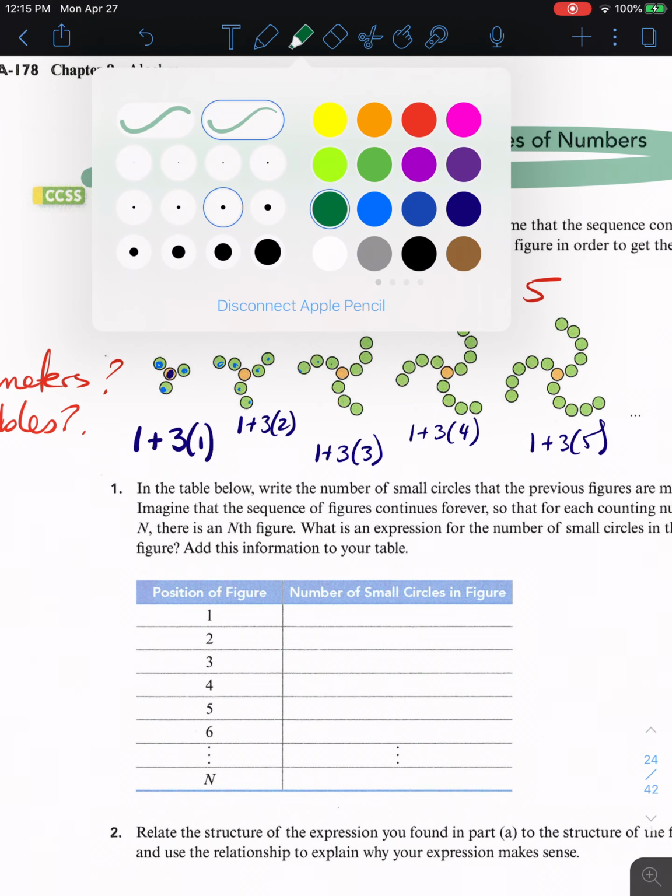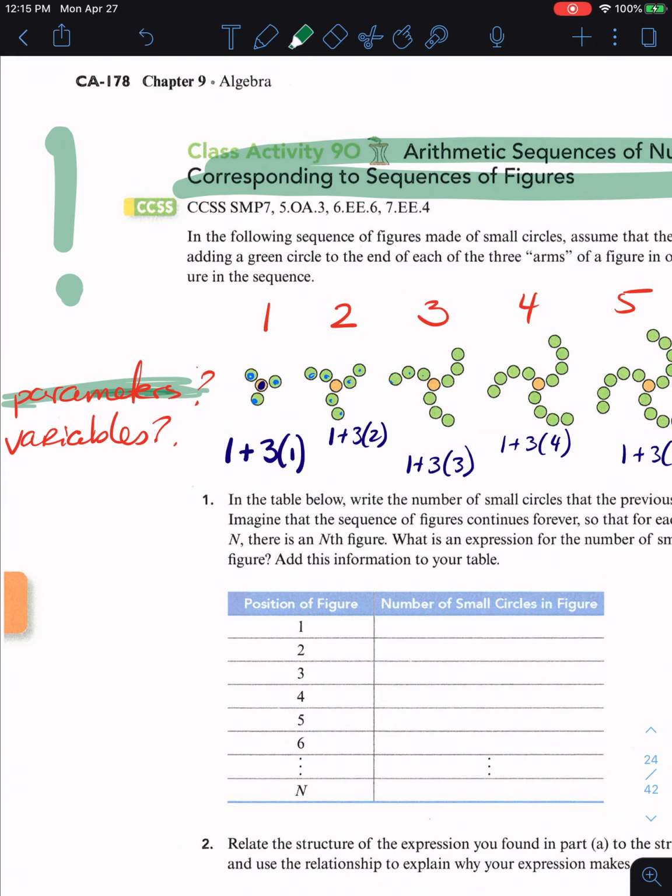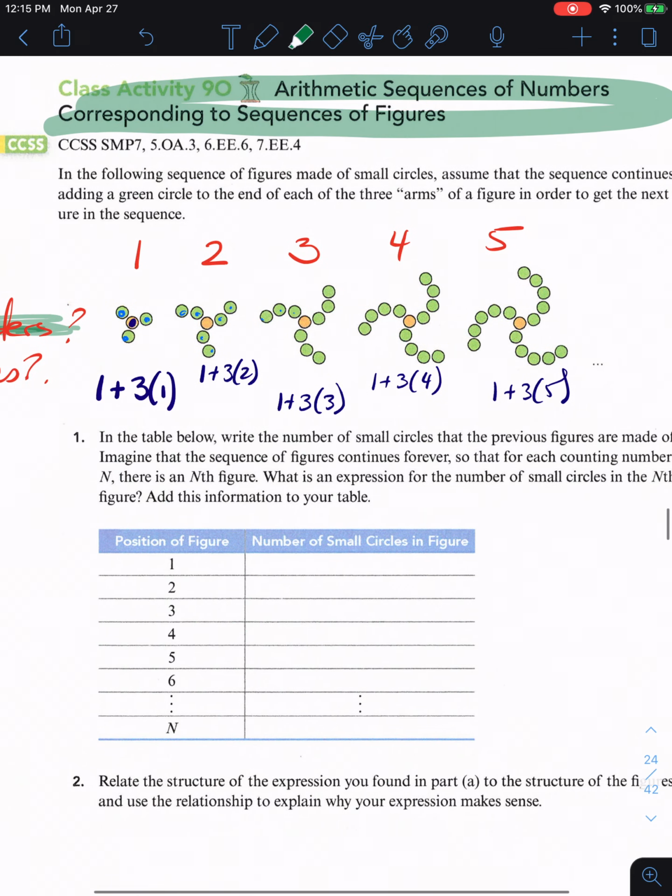Now, if we were looking for parameters, something that is going to be constant throughout this whole scenario, do you notice that the structure of these pictures is actually constant? The one in the middle is constant. It doesn't suddenly become 2. It doesn't suddenly become 5. It doesn't suddenly disappear.